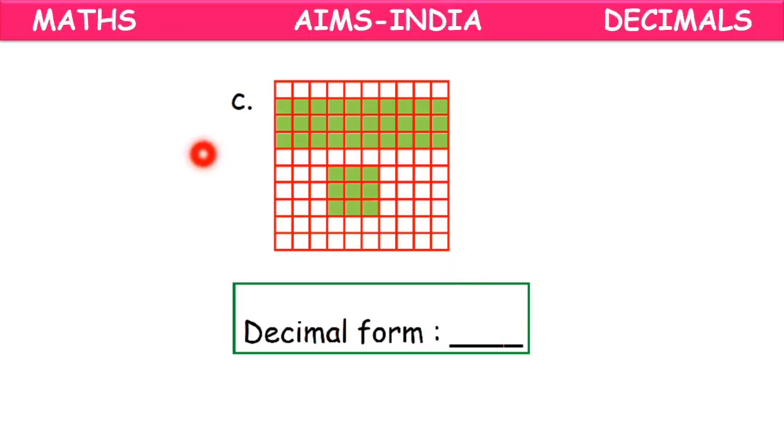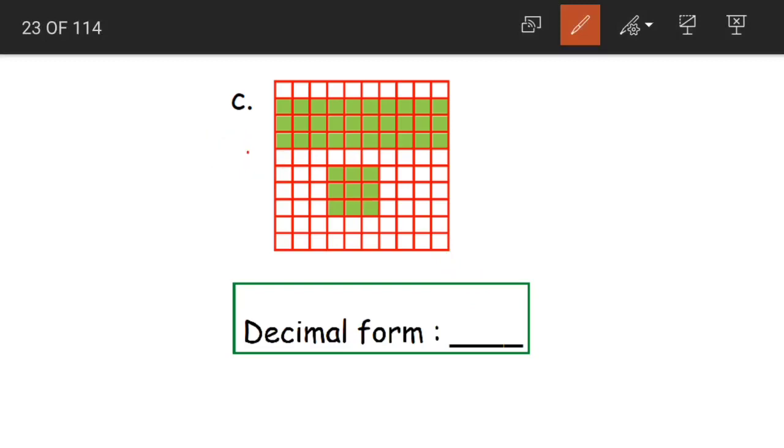Next question C. This is also the same square with 10 rows and 10 columns. Yes children. So from this we are having a total of 100 squares. Now coming to the numerator, we are having 3 rows into 10 columns.